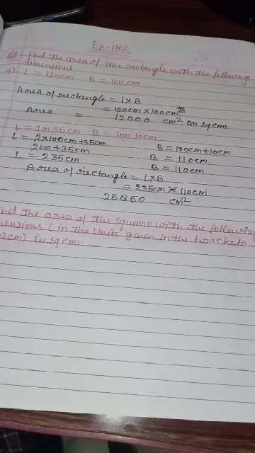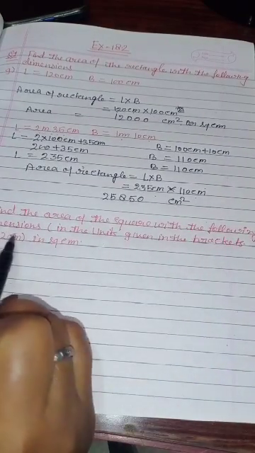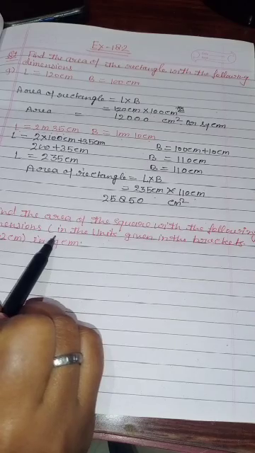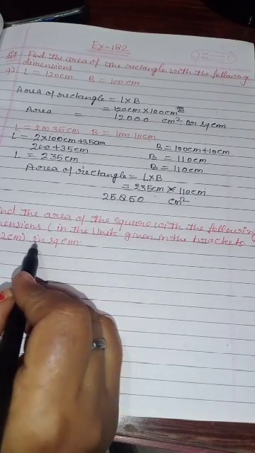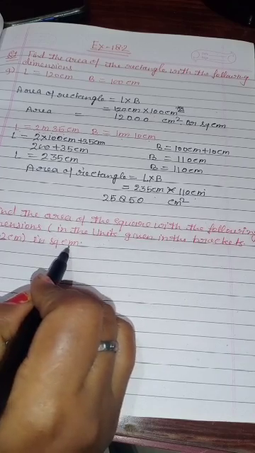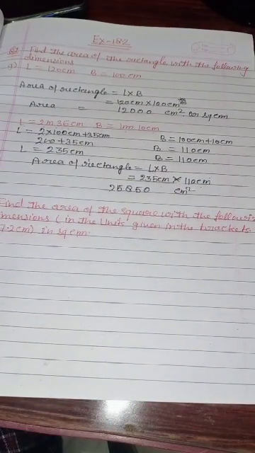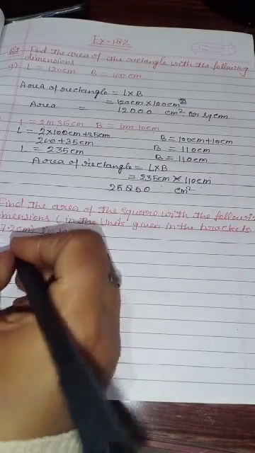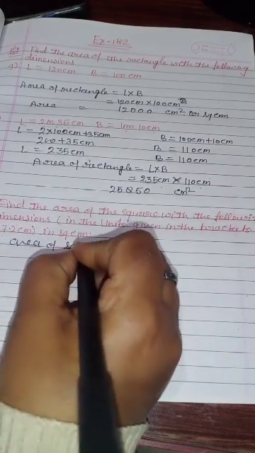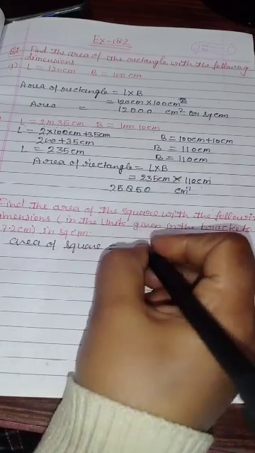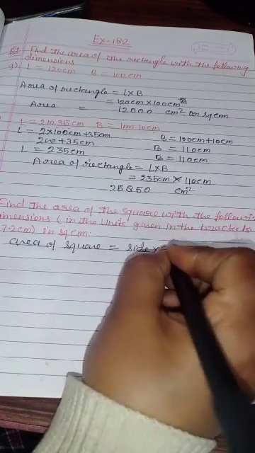See question number 2. Find the area of the square in the following dimensions, in the units given in the brackets. Means you have to calculate the area in square centimeter, and the side of the square given is 7.2 centimeter. You know the formula for the area of the square from the earlier classes: side into side.